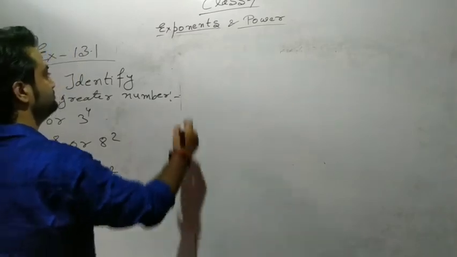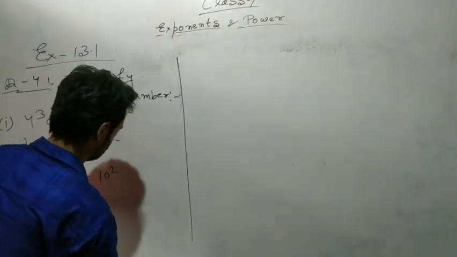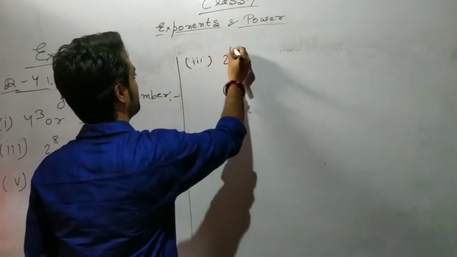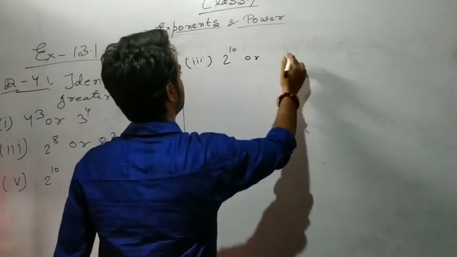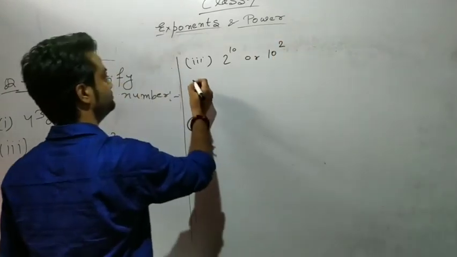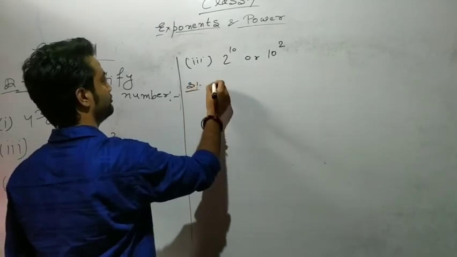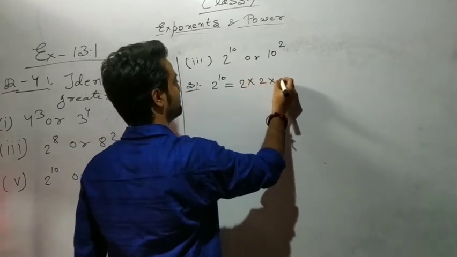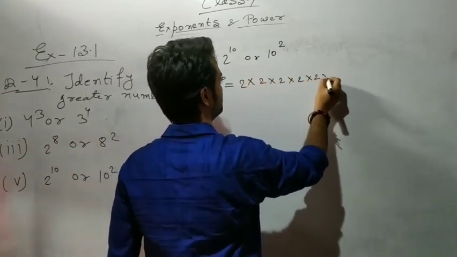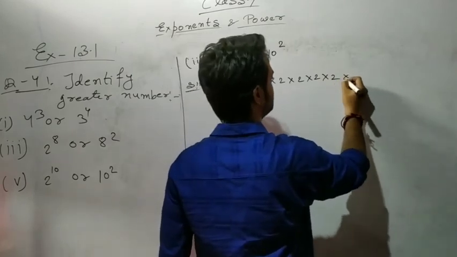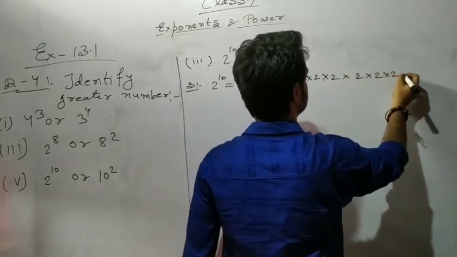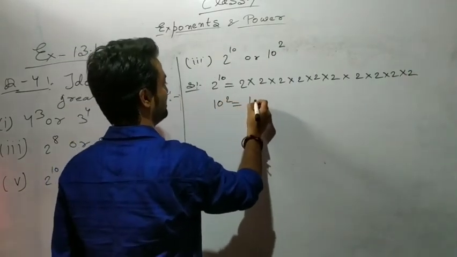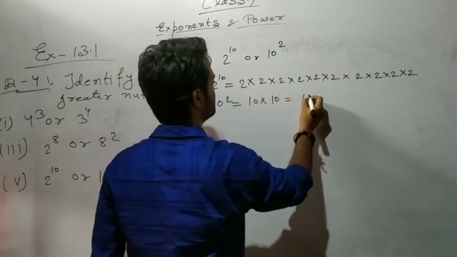Now we are on the third question. The third question is 2 raised to the power 10 or 10 raised to the power 2. Firstly, we will find out the value of these two numbers. 2 raised to the power 10 means 2 multiplied with itself 10 times. And 10 raised to the power 2 means 10 multiplied with itself 2 times, which gives us 100.